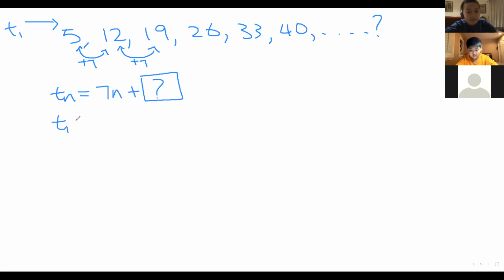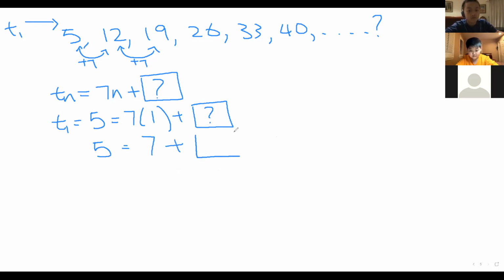T1, or in other words, 5, is equal to 7 times n plus this mystery number. Sorry, this should not be n, since we know what n is in this case. This is 1, since this is the first number, right? So 5 is equal to 7 plus this mystery number.